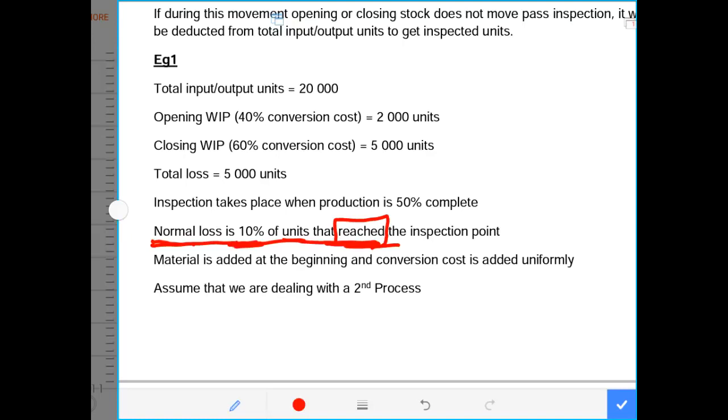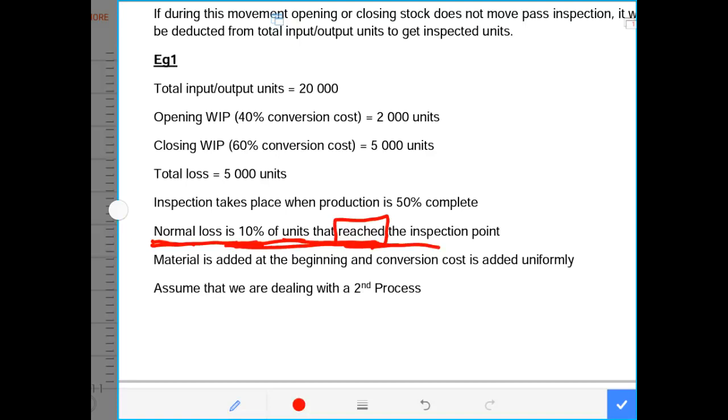It's uncontrollable because we don't have control over evaporation of water. If let us say you are busy with a product that involves water or liters, and more especially if the water is boiled, then as the water evaporates, automatically some liters or small drops of water will be lost, and that loss is uncontrollable. We don't have control over that loss as the business. So now that is called a normal loss.